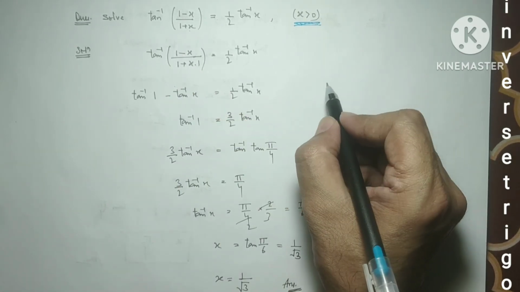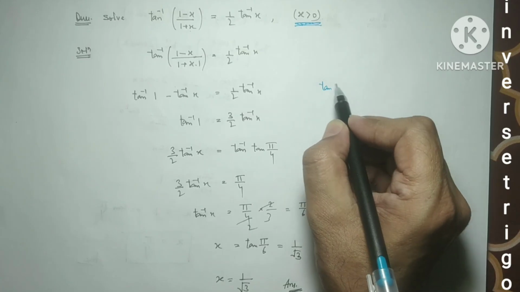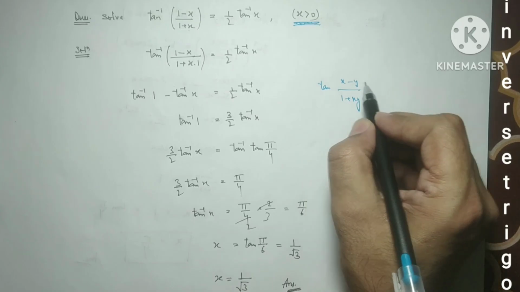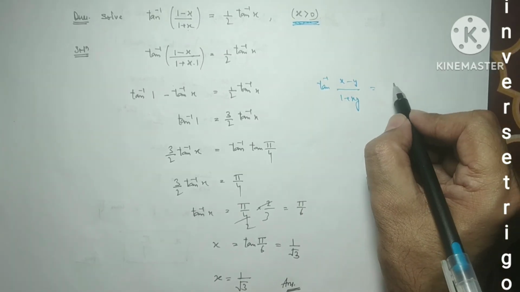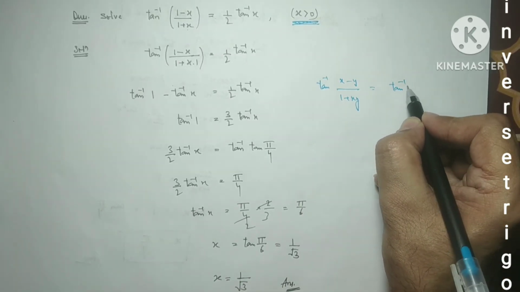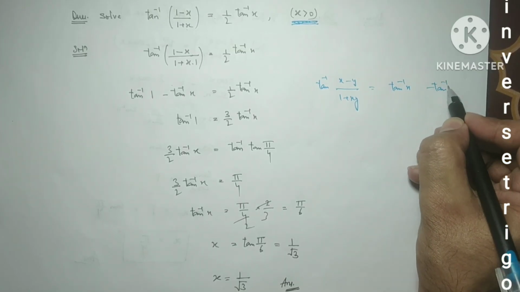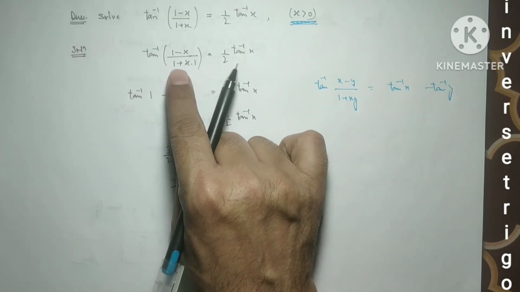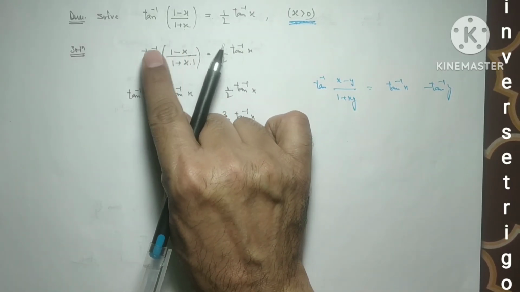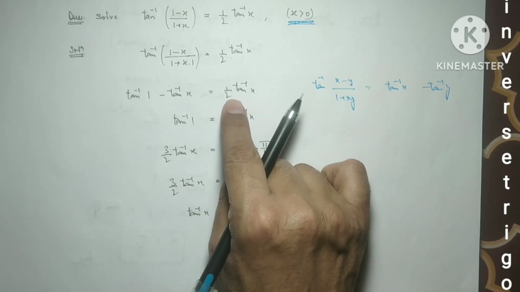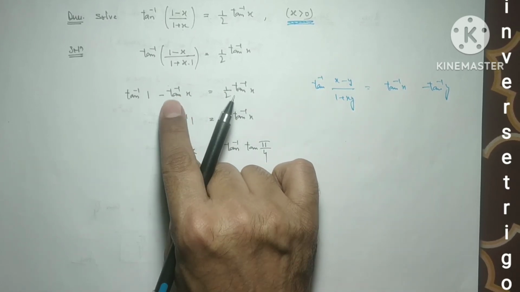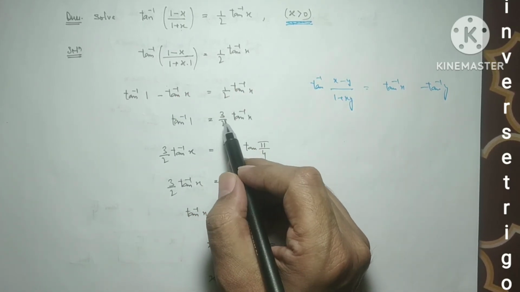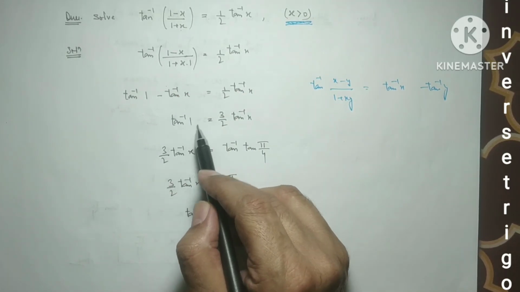We can use the theorem, tan inverse of (x minus y over 1 plus xy), so we can also write tan inverse x minus tan inverse y. So using this theorem we can convert this to tan inverse 1 minus tan inverse x, and this is half tan inverse x. When tan inverse x comes on this side, then half tan inverse x plus tan inverse x is 3 by 2 tan inverse x, and on left hand side it is tan inverse 1.